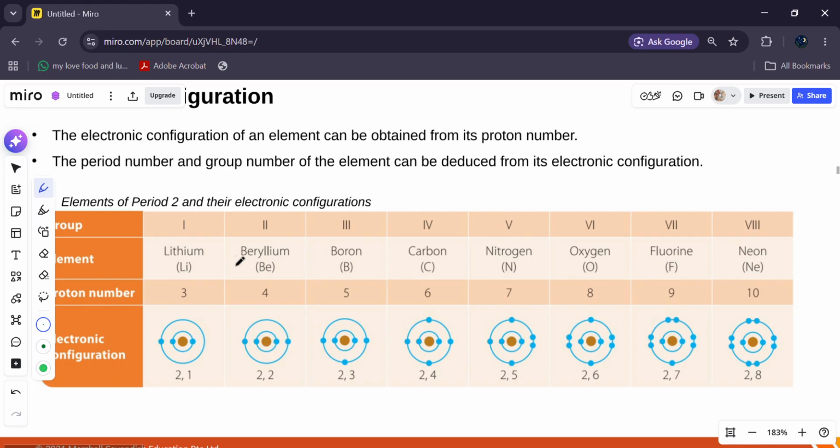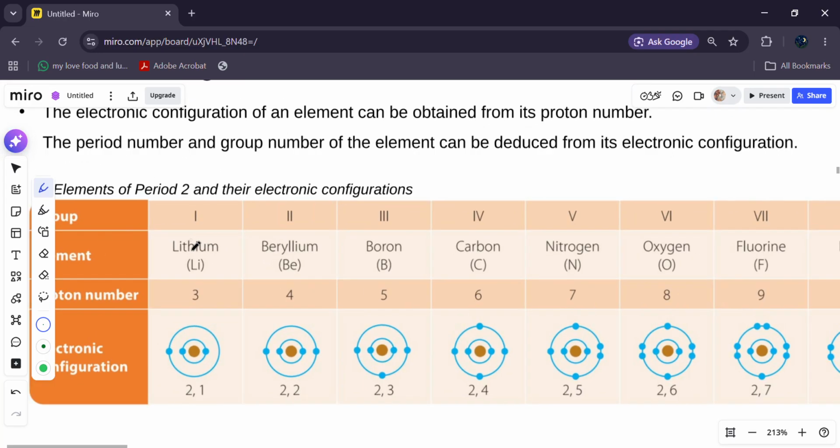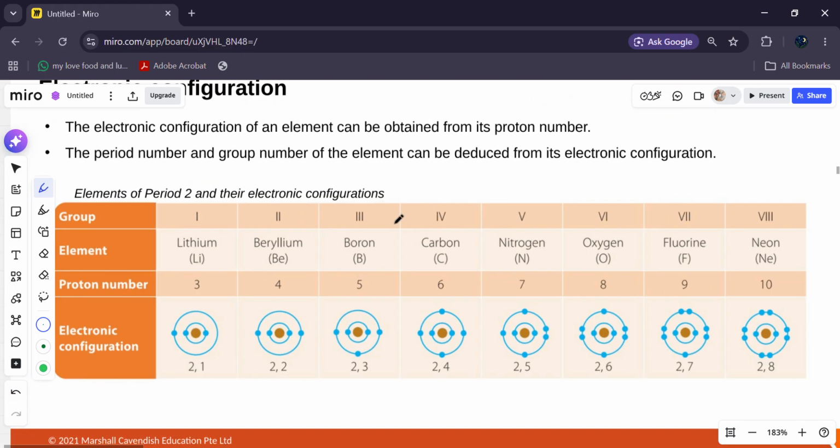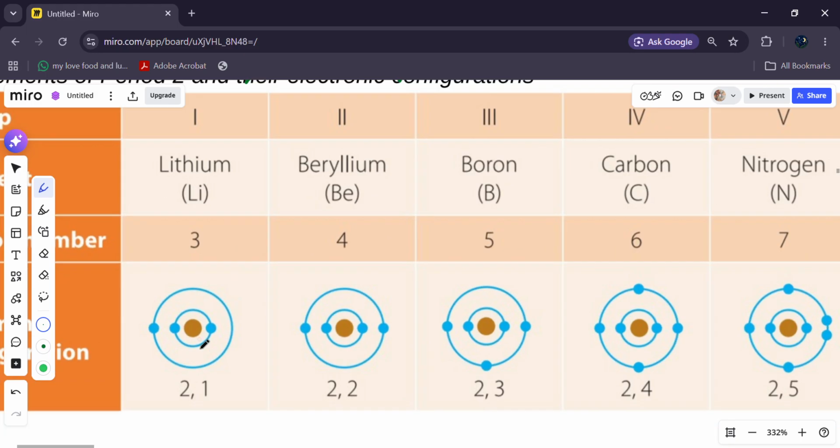Now, in this table, we have elements of period 2. Period 2 is the horizontal row. And here we have lithium, which is a metal, beryllium is a metal, boron is a non-metal, carbon, nitrogen, oxygen. So all these are non-metals, while these two are metals. Each has its own specific group, and you have the electronic configuration.